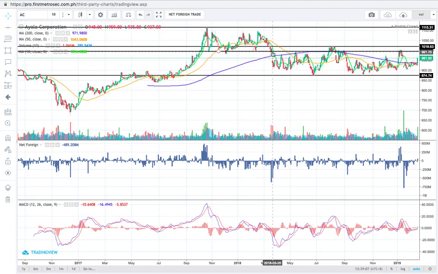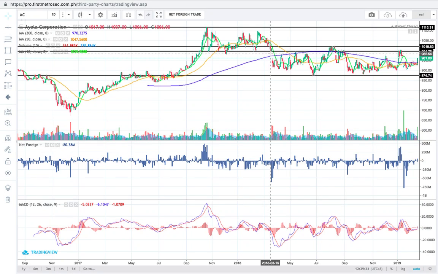Now I'm going to show you an example of a scenario wherein the stock violates or disrespects its support level here. So last March 15, 2018, Ayala Corporation disrespected the support level near 1,110.